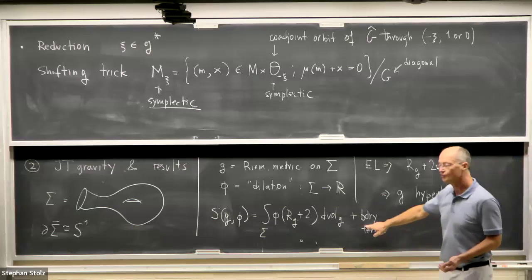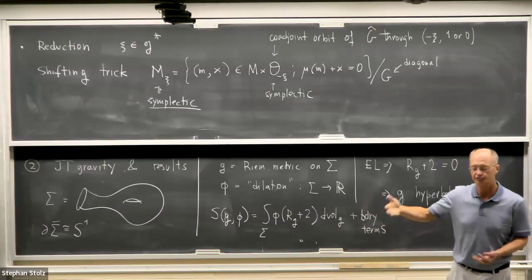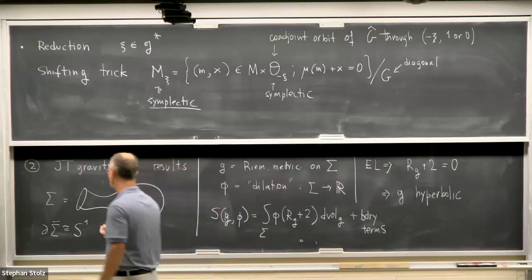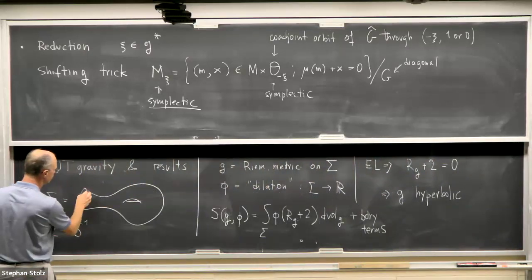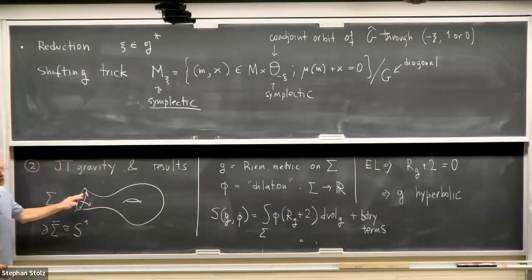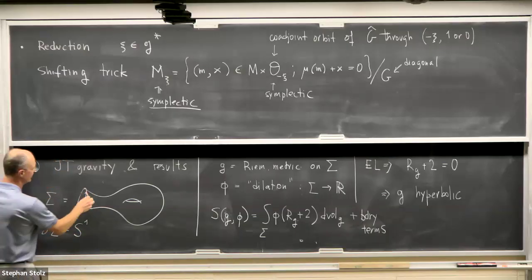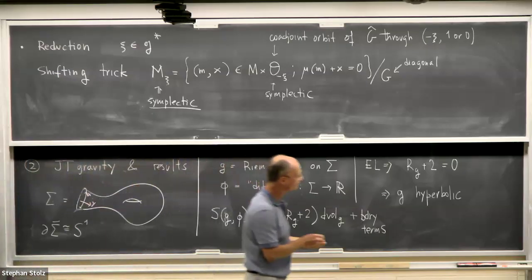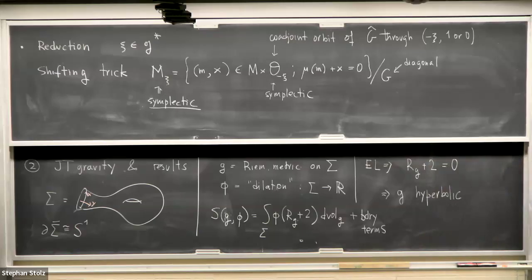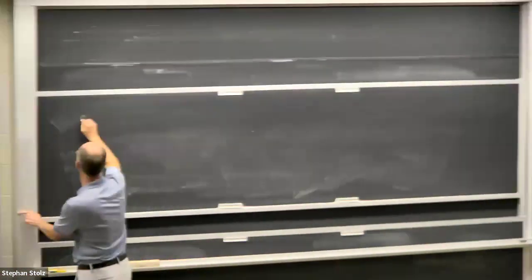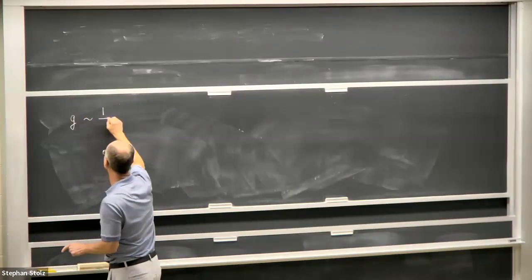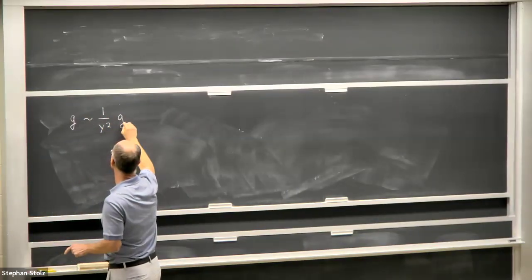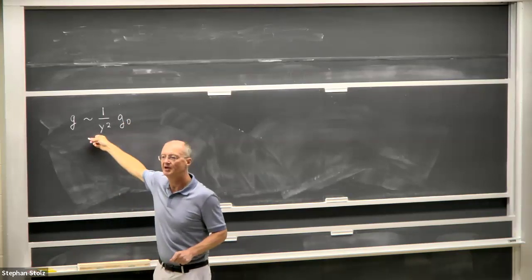And actually, what about the boundary terms? Of course, we will see that those boundary terms that I'm hiding from you are quite important. In particular, let me introduce a local coordinate system near the boundary. Let me say this is x and this is y. So x is a coordinate along the boundary and y is a boundary defining function. So the metrics that we are looking at are of the following type. So g explodes as 1 over y squared near the boundary.